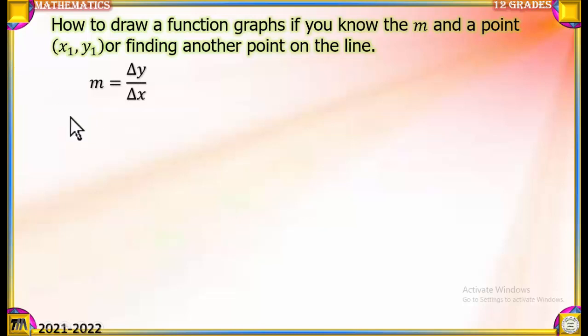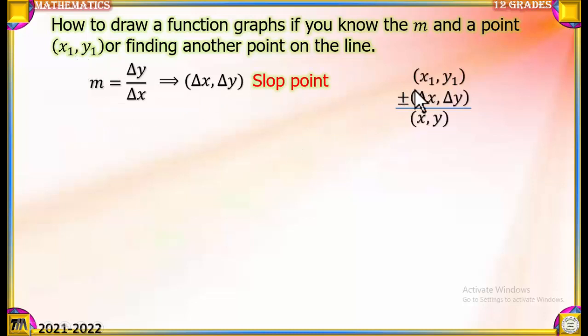First of all, the slope is equal to delta y over delta x. Then we can find a point which is (delta x, delta y), calling this point the slope point. And we have a point (x1, y1).